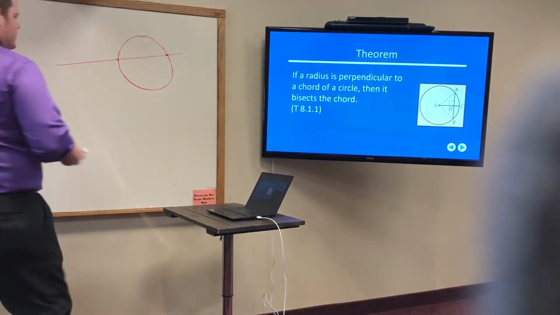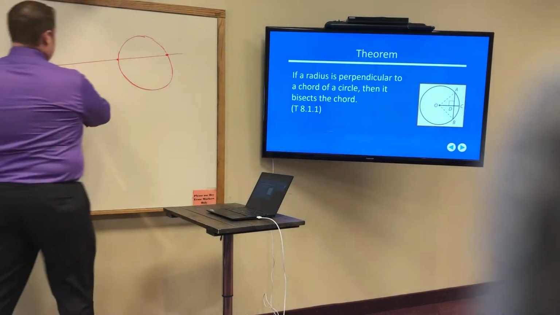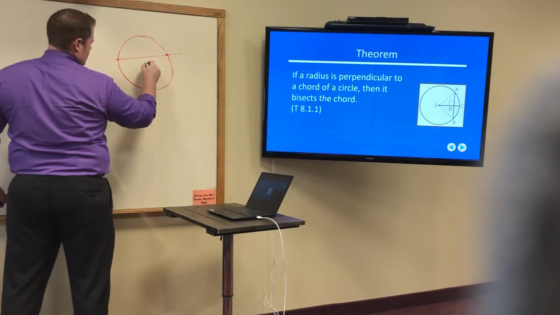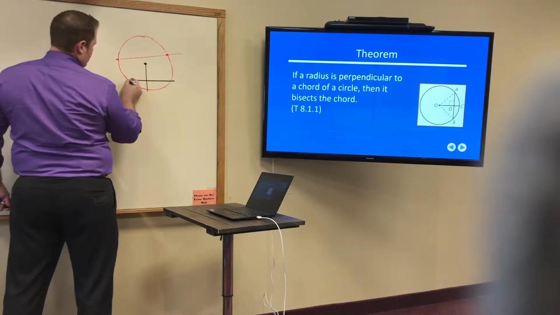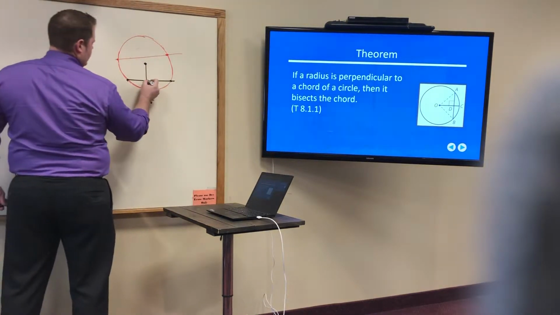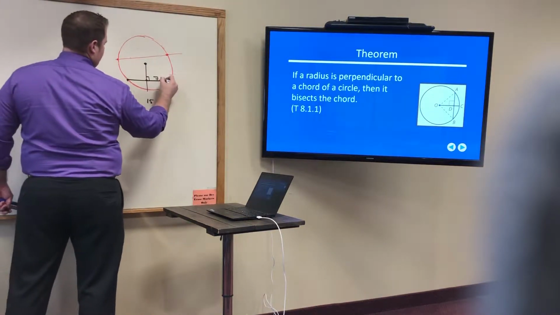So what you're going to see, and the types of problems you're going to have to do. One of the types of problems is they're going to say, okay, the whole chord is 15. What is from here to here, if this is perpendicular? That would be 7.5.